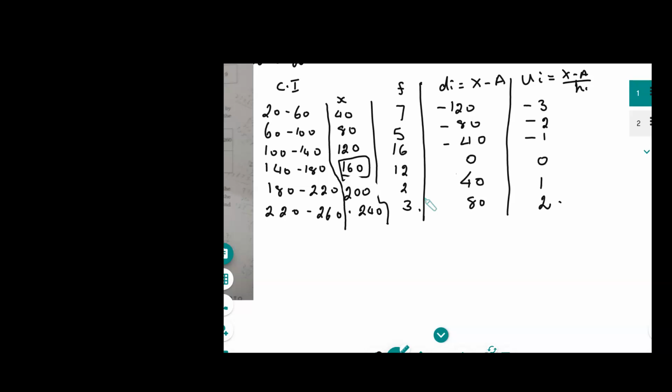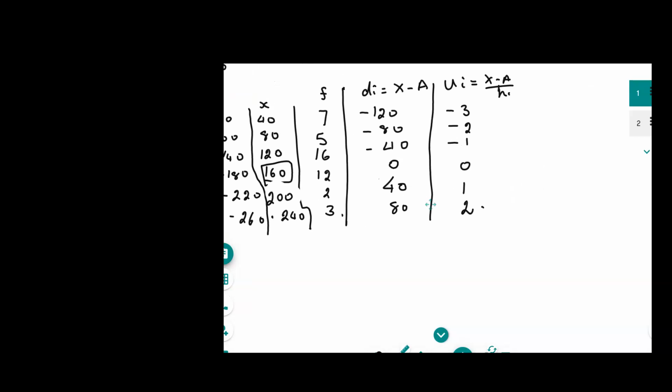Now let us find the next column, Fi Ui, the frequency into Ui. That gives you minus 21, minus 10, minus 16, 0, 2 and 6.